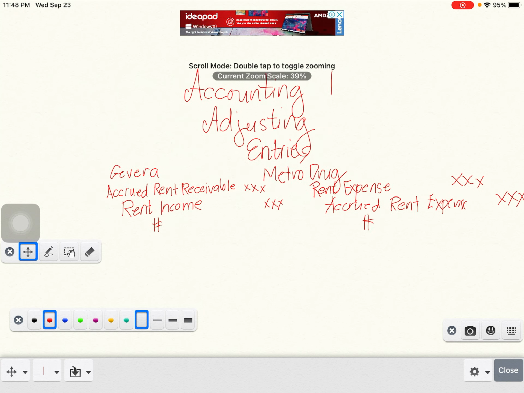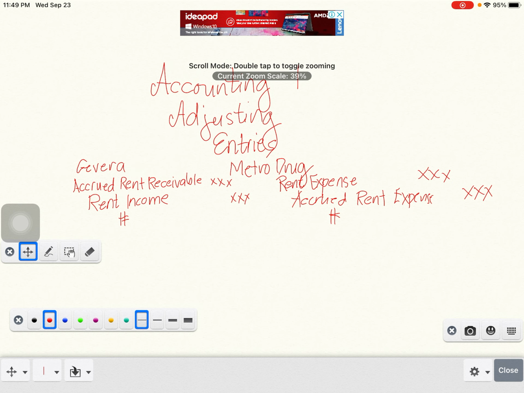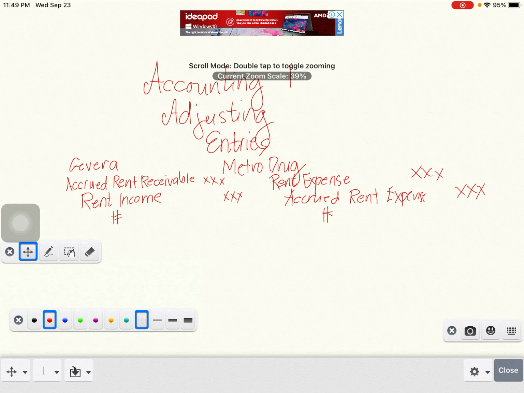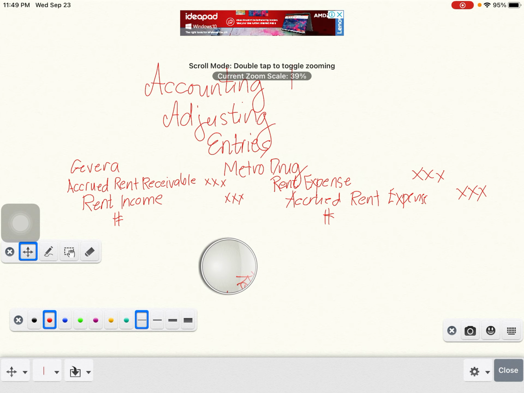So that is the presentation. For Guevara, he is the one who let the building be rented, so that is accrued rent receivable, then he records it as income even if he has not been paid. For Metro Drug, whether he has paid or not, that is already his rent expense, so he records accrued rent expense. So that is for 7-4.